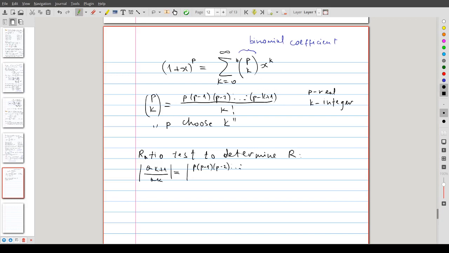Here, this being the a_k term, I go down to (p minus k plus 1). So for the a_(k plus 1), I will go to (p minus k plus 1) and then one more term, (p minus k plus 1) plus 1. This is, of course, simply p minus k. And then it is divided by k factorial.